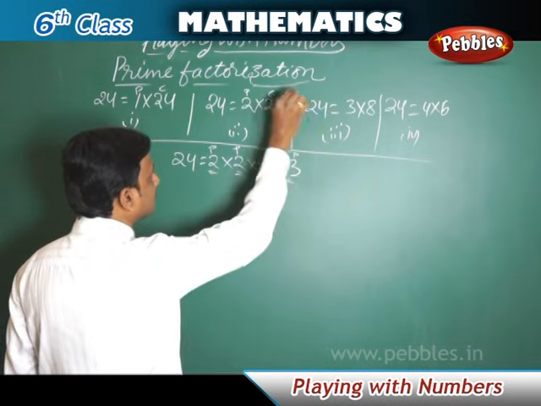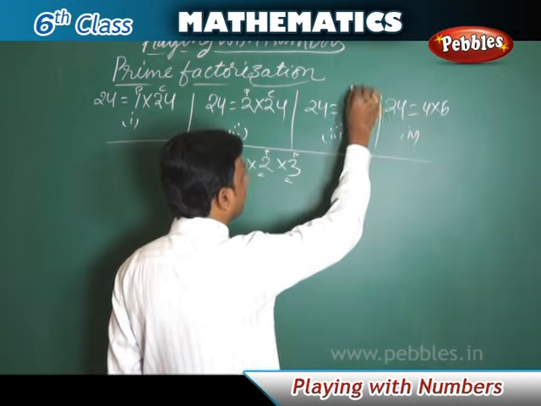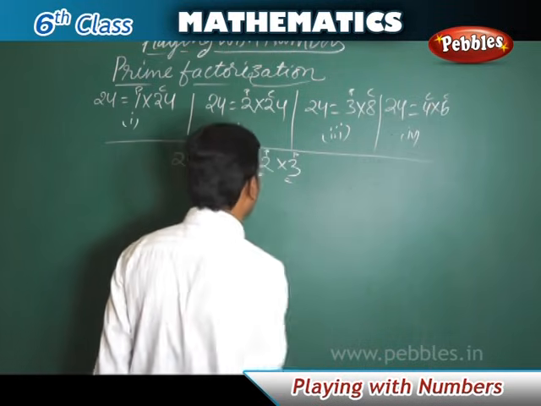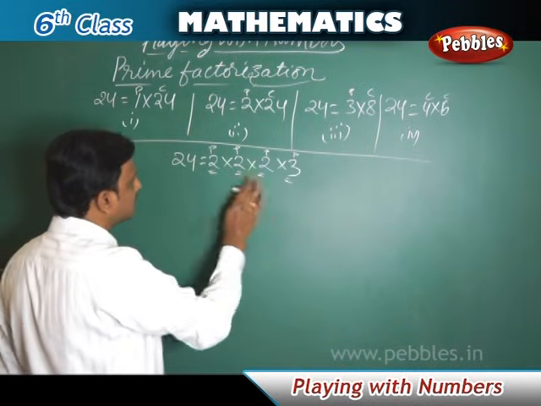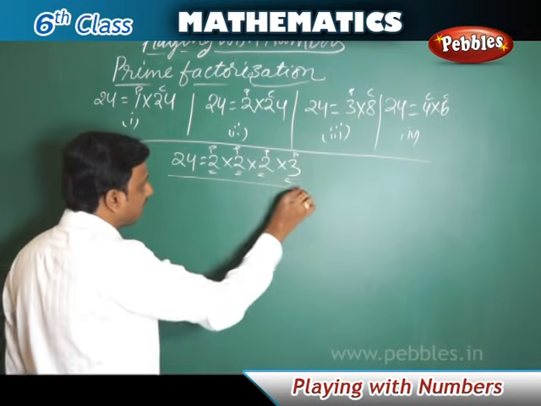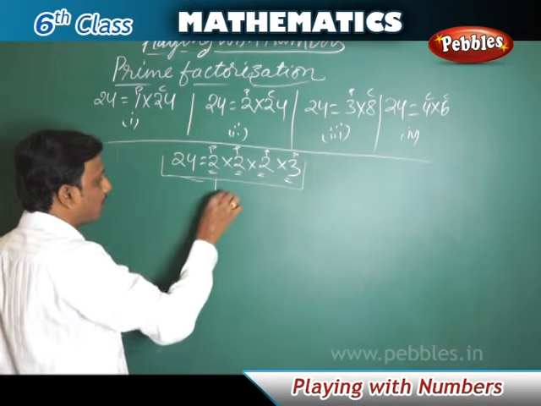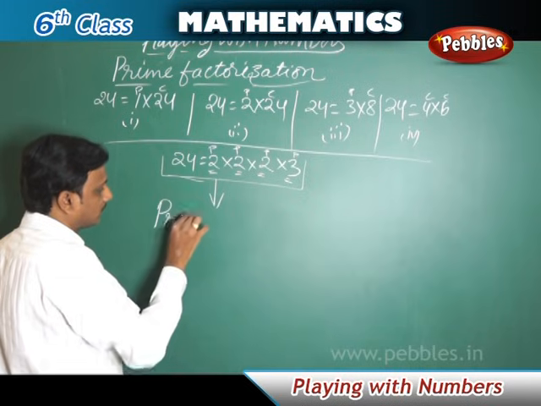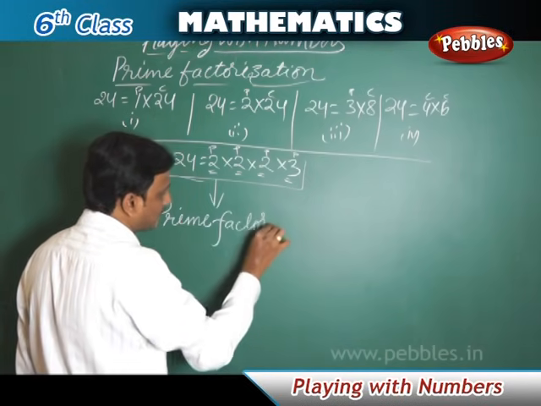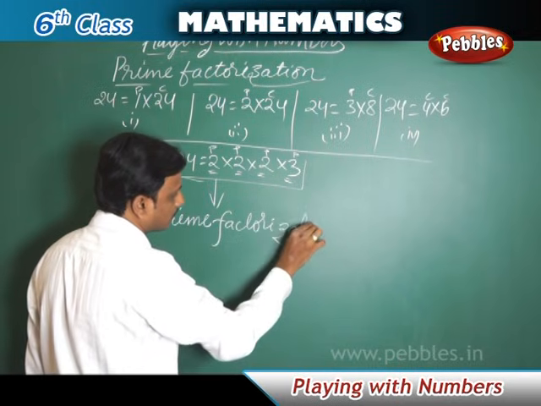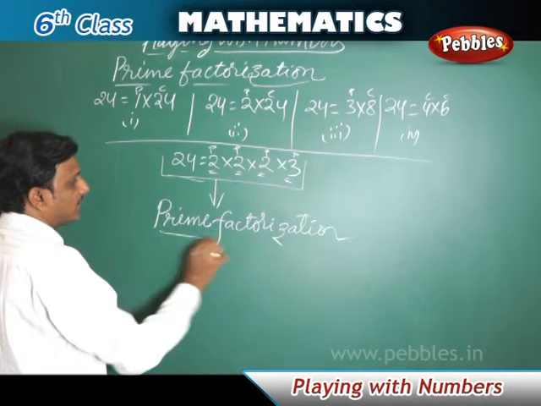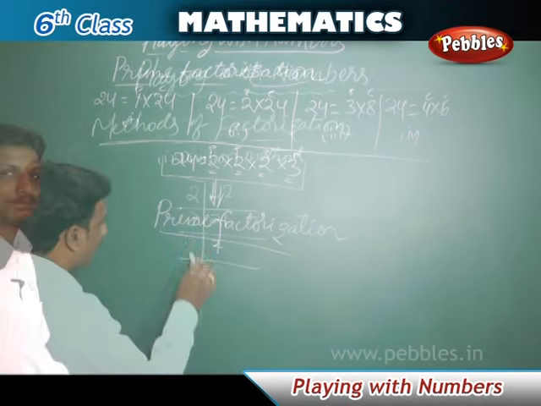But here, if you see, all the factors are prime numbers. So this kind of factorization is called prime factorization.